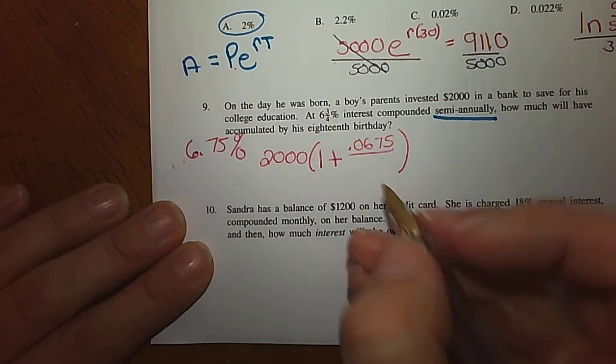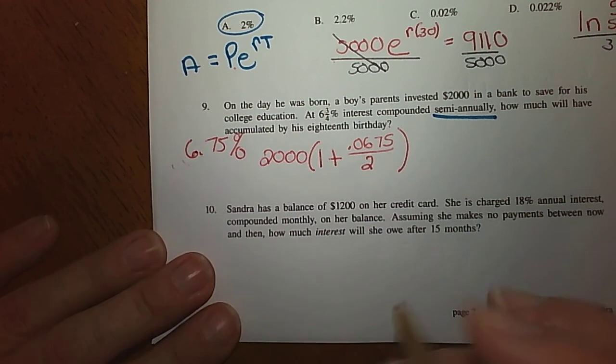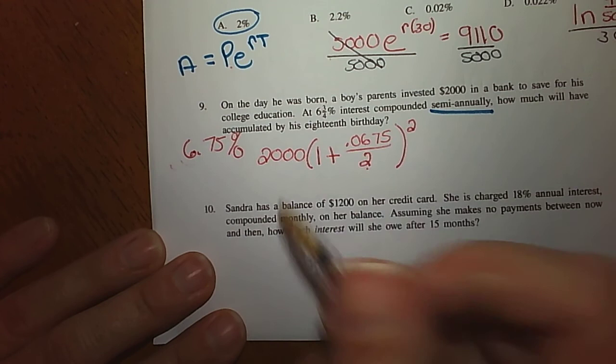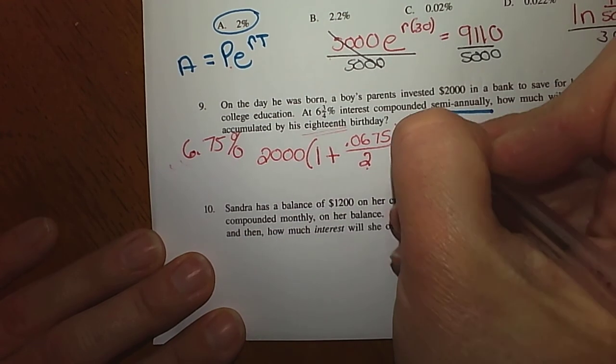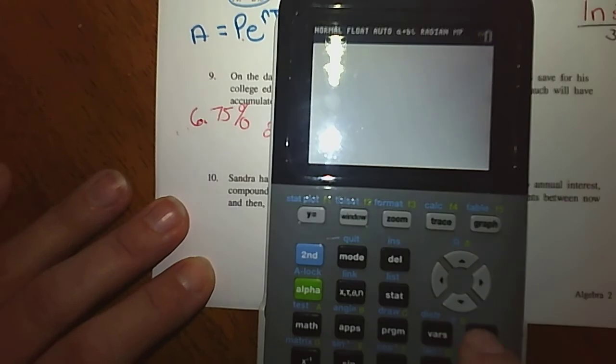Semi-annually is how often? It is twice. Whatever number you put here also has to go there. And 18th birthday means 18 years have gone by, so we just have to throw that in.